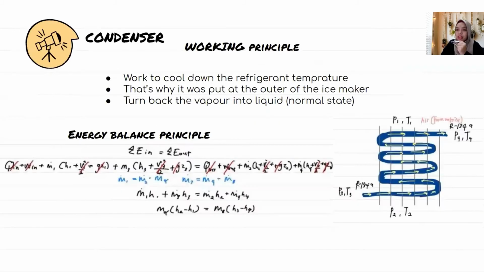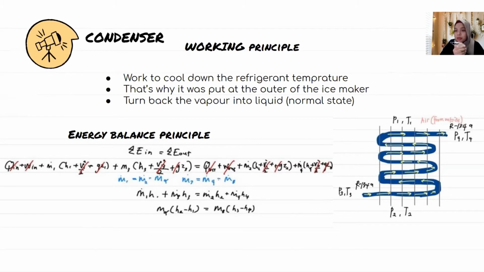So, moving on to the condenser. How does the condenser work? The condenser cools down the refrigerant temperature, because the compressor passes the refrigerant at a high temperature in the saturated vapor state, and the condenser turns the vapor back into the normal state, which is liquid refrigerant.